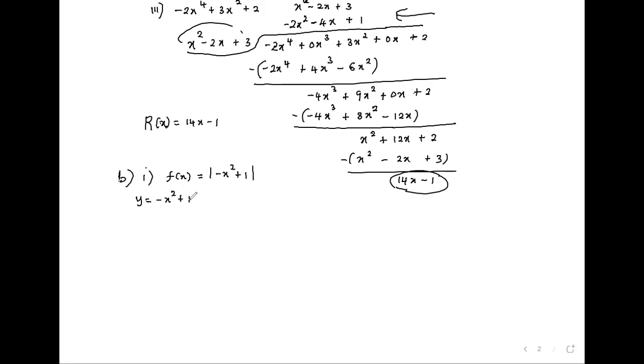If you look at this quadratic, it has nothing much. When x is 0, it will be 1. And when y is 0, you get minus x^2 plus 1 equal to 0, meaning x^2 is equal to 1. So x is equal to plus or minus 1. We'll have minus 1 and we have plus 1.